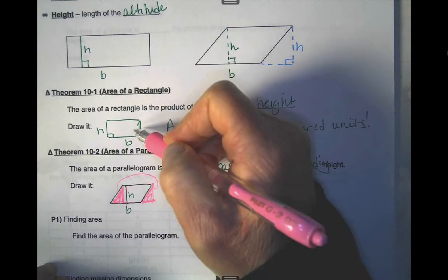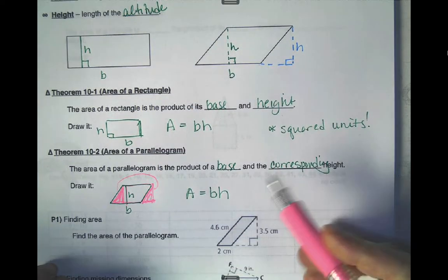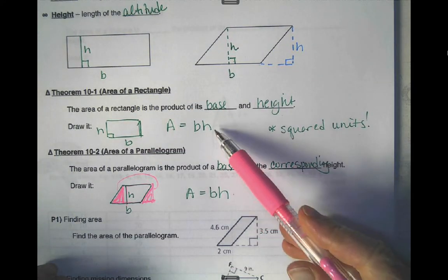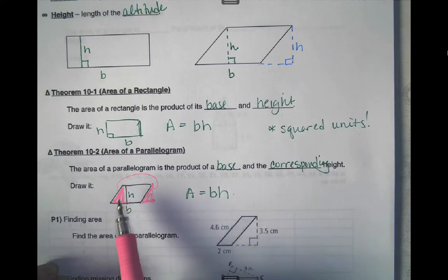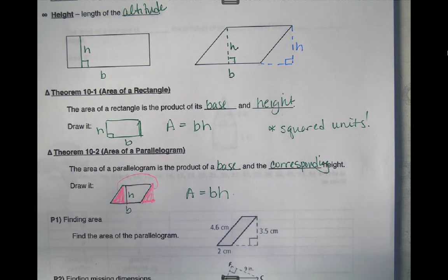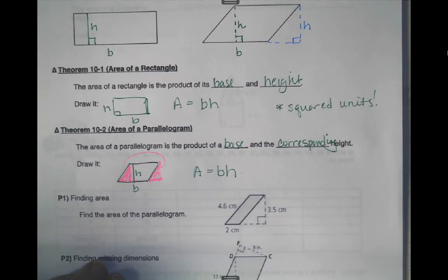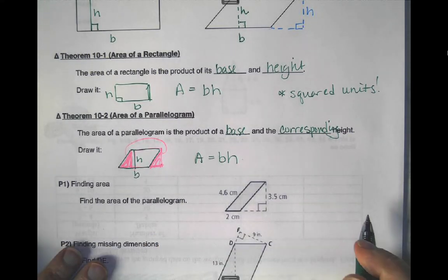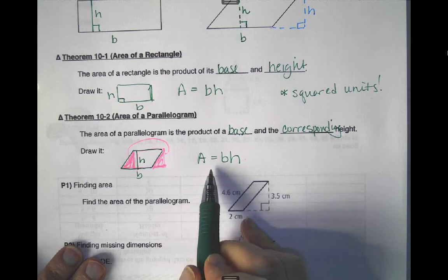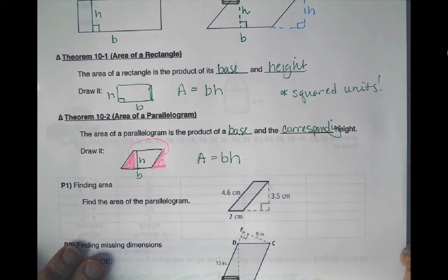It's just a rectangle, like this one right here. That's why the area is base times height for both the rectangle and the parallelogram, because I can basically turn the parallelogram into a rectangle if I chop off that triangle and put it on the other side. You don't need to worry about doing that, though. That's just my explanation for why they're the same thing. Again, you still want those squared units.